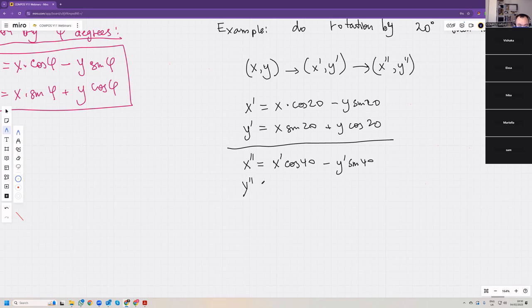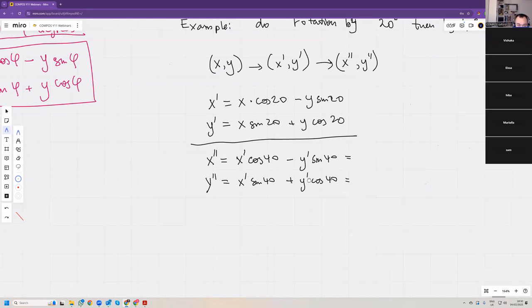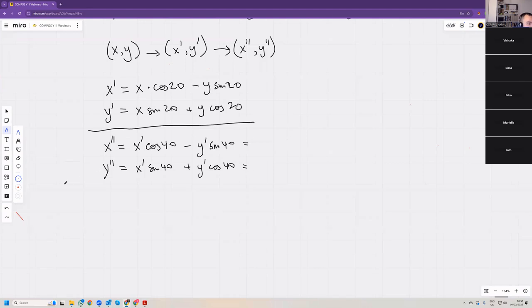Y double dash is x dash sine 40 plus y dash cos 40. And now you substitute the x dash. That's a bit of an arduous task, but it's doable.